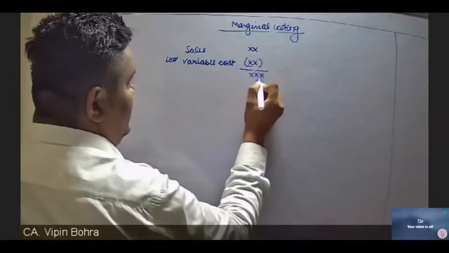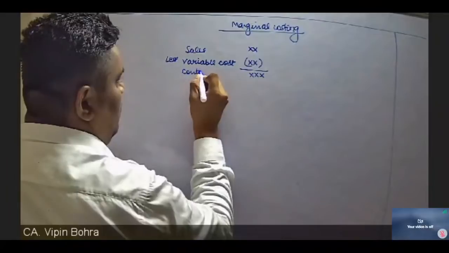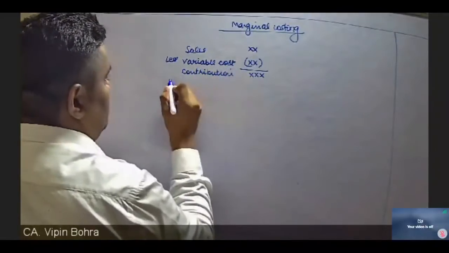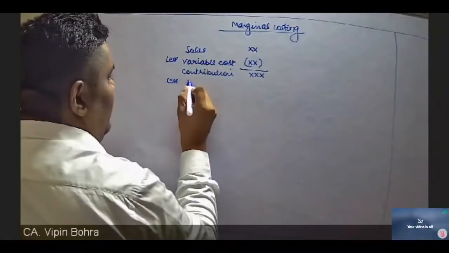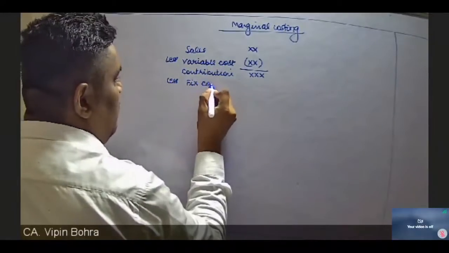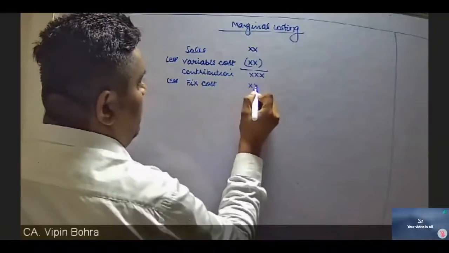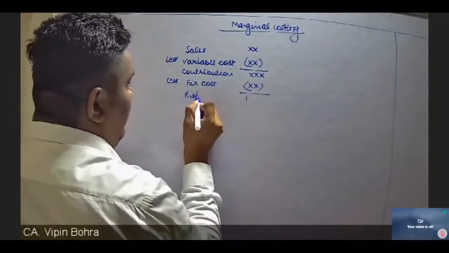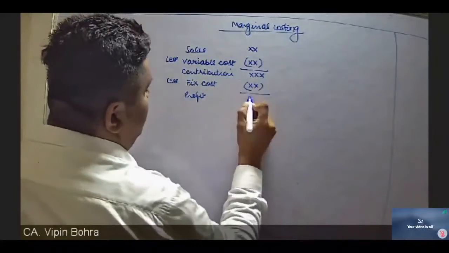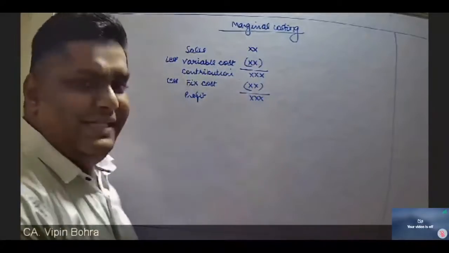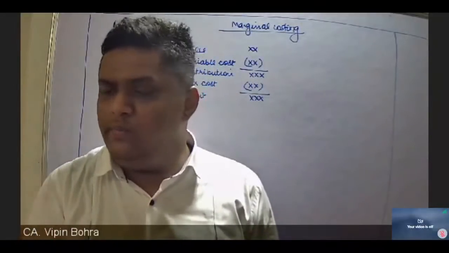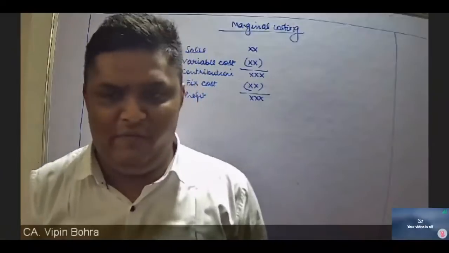Sales minus variable cost is what? Contribution. Less fixed cost. This is simply the marginal costing equation. Sales minus variable cost, contribution minus fixed cost, that is profit.